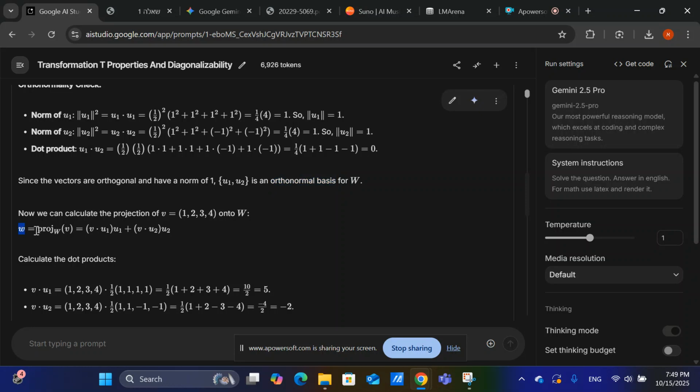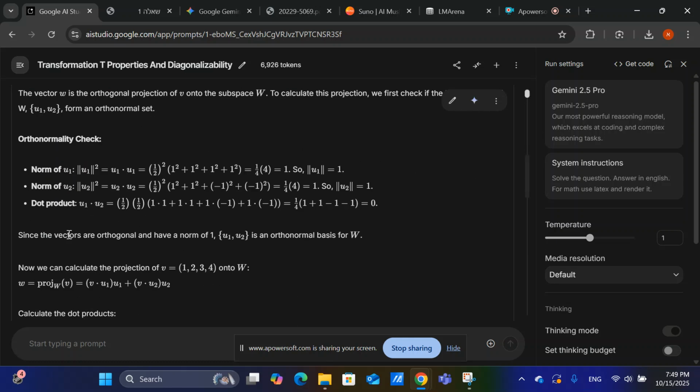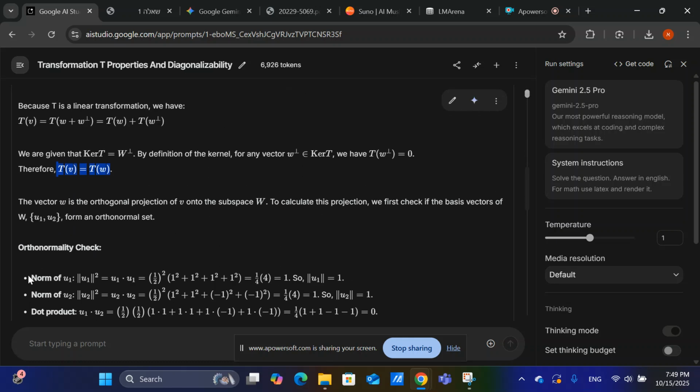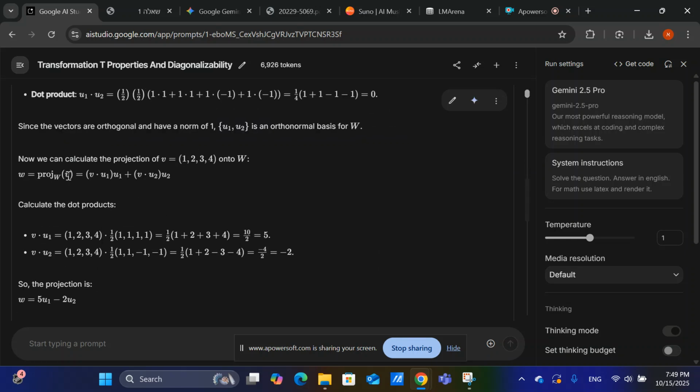So if I want to project V onto W and get this little w that we are looking for, remember we want to calculate T of V, which we found that T of W complement is 0, so we want TV equals TW. So we want to find w so that we will be able to apply T on this w to get the TV. So w is the projection of the vector V onto W, onto this orthonormal base.